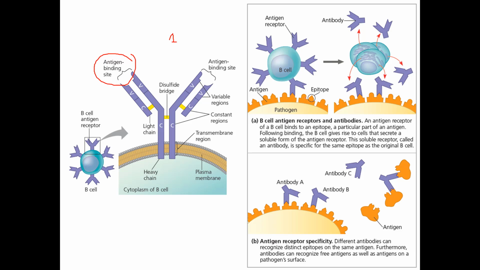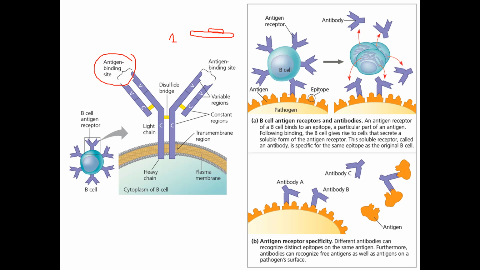Epitope is a small region of the antigen which is recognized by the B cell receptor. So if this whole thing is an antigen, epitope is the small region. Here you can see an antigen consists of various epitopes. One can be circular kind of or conical kind of or others, and this B cell will recognize only one particular kind of epitope. Then it will get activated.